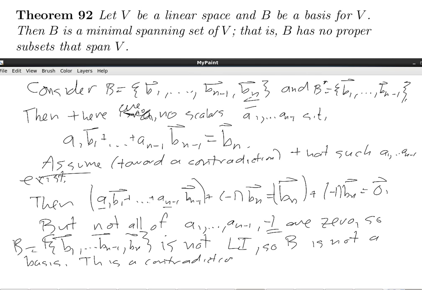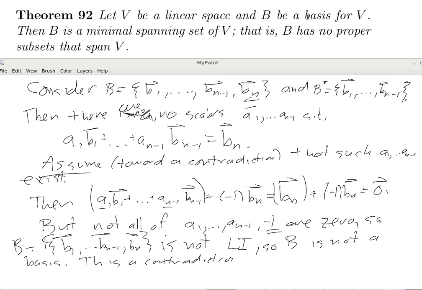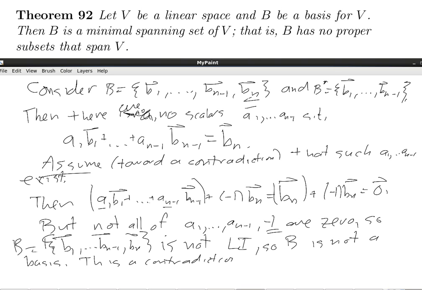Because I can read. Because B is a basis. That's the first assumption. We're saying that B is a basis, so it can't be that B is not a basis, so I must have screwed up someplace. I screwed up because I made an assumption. I assumed that I had such A1 to A sub n minus 1. So no such A1 through An minus 1 can exist.